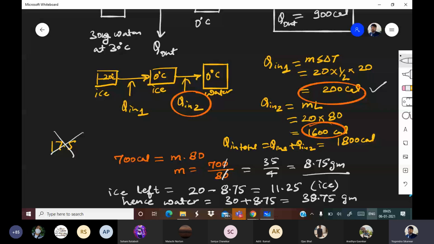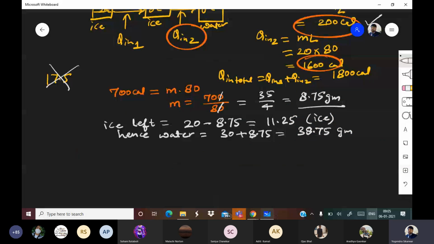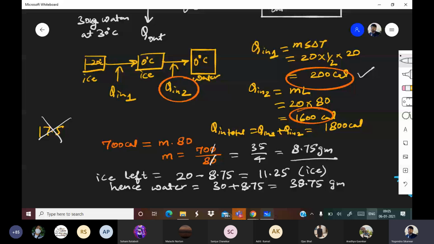Let us move further. So this was a good question, and let me tell you how you were getting the wrong answer. You must have applied the formula: heat given by the hotter object is equal to heat taken by the colder object, right? But what you forgot was that state changes are involved in this.